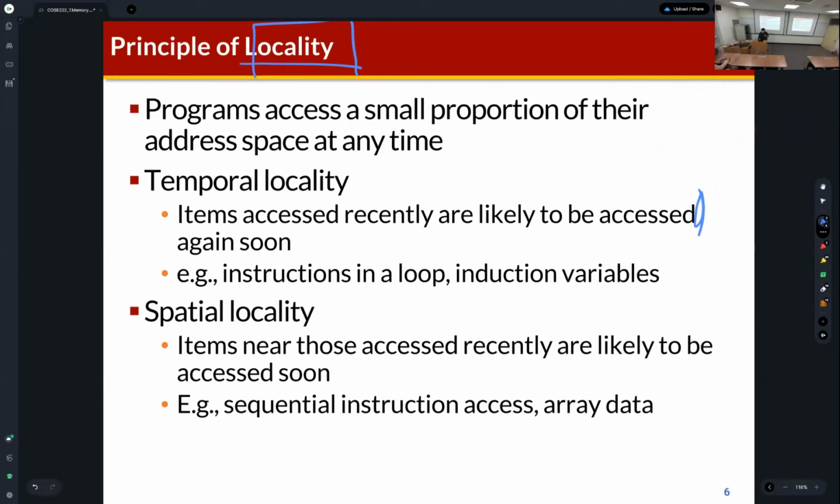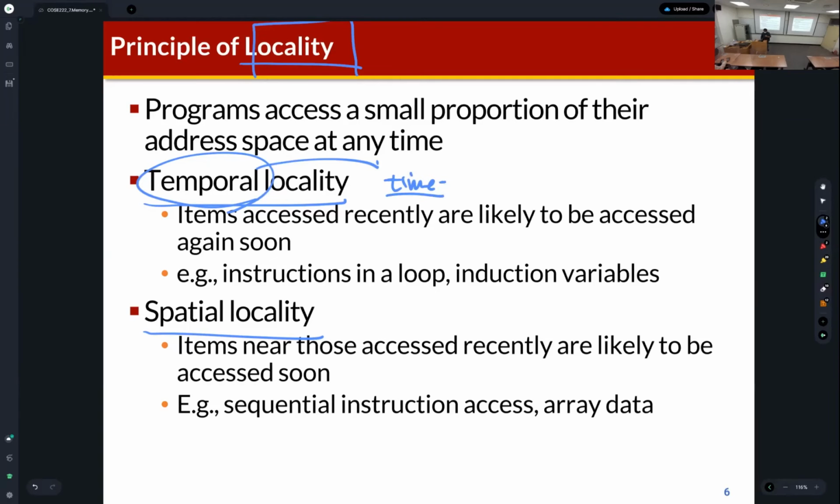Actually, there are two kinds of locality: temporal locality and spatial locality. If we look at the English word temporal, it means time. It's a kind of time related.